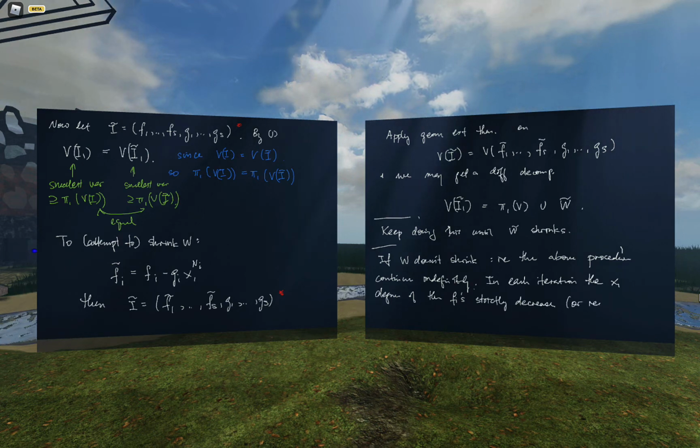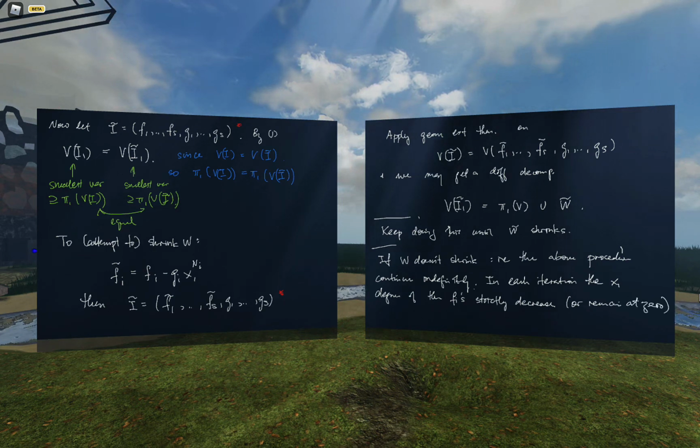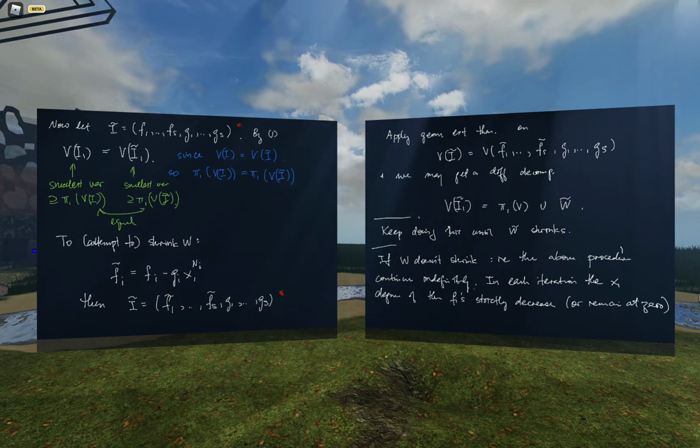All remain at 0. Because what are we doing? We're taking the biggest power of x1 and just getting rid of it. So eventually they're all going to be gone.